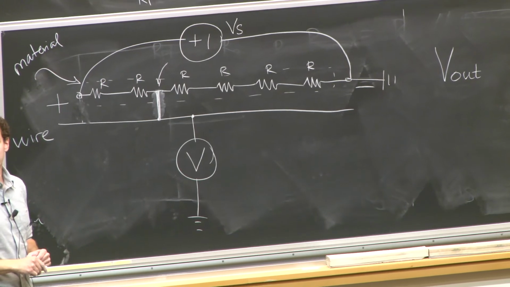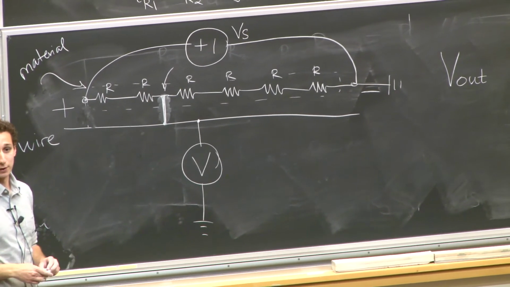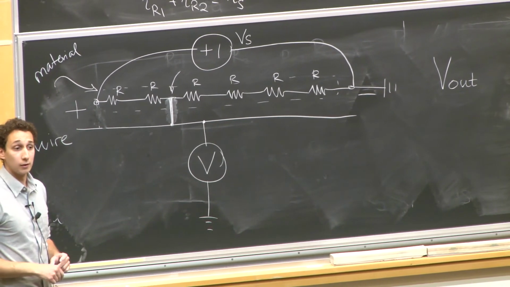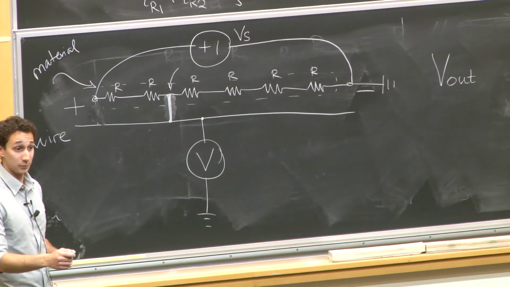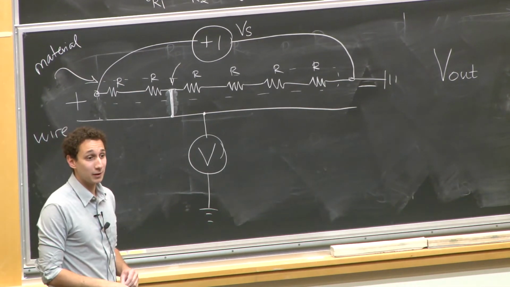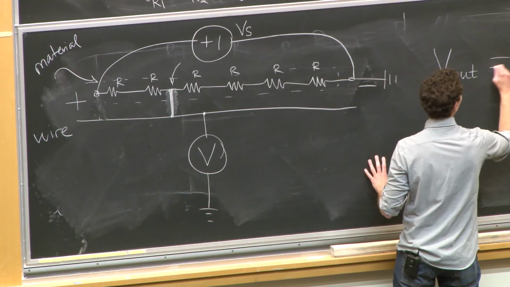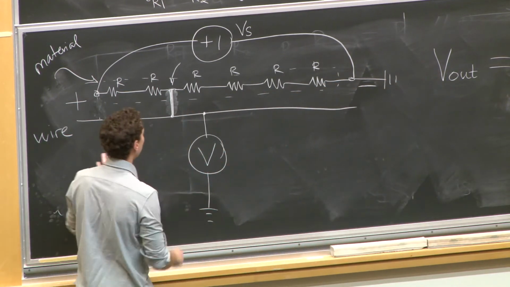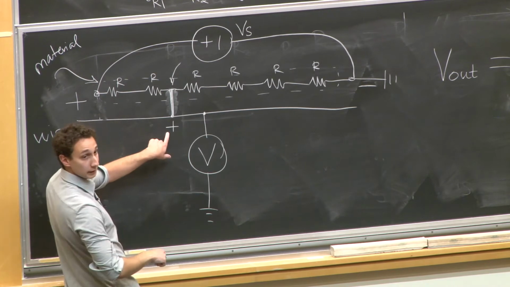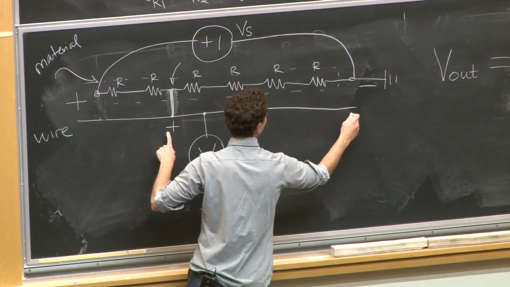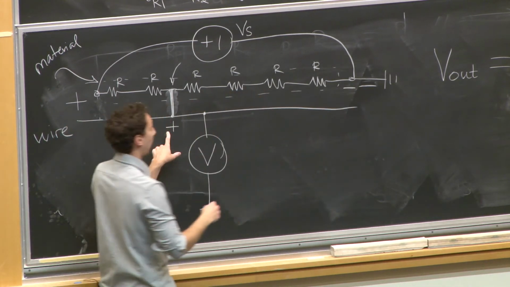What will it be a voltage division between? Yes, so let's write it out explicitly. I'm measuring the voltage between this point right here and this point over here, ground.